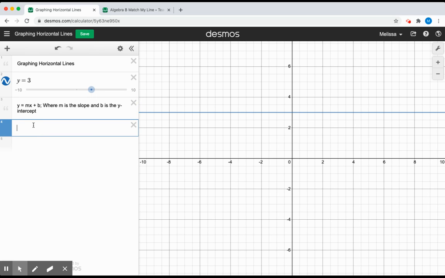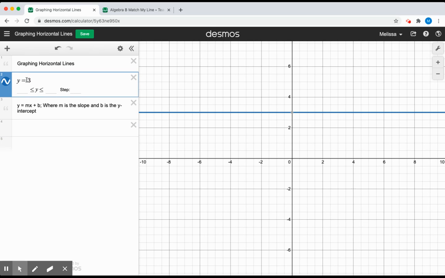Well, if m is the slope, that's essentially like saying y equals 0x plus 3. And you see, there's our line, y equals 0x plus 3, but 0 times any number is 0, so we don't need to write that. We can just say y equals 3. So there you have the horizontal line. It's as simple as that.